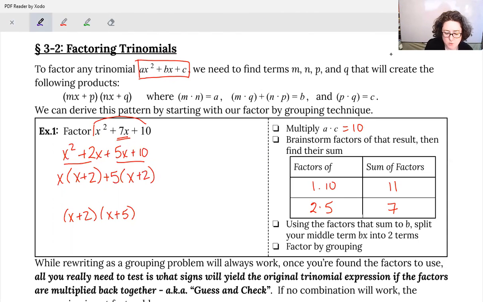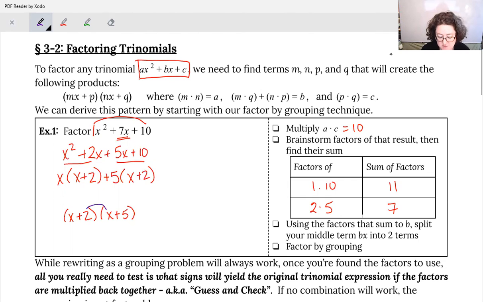Here's what we want to check whenever we do these problems. This is our shortcut method, what we would call guess and check. We use that brainstorming step to guess at what factors to put in these spots, the 2 and the 5, so that when we multiply everything back together we still get that 7x in the middle.